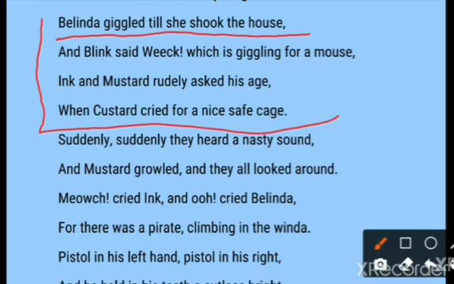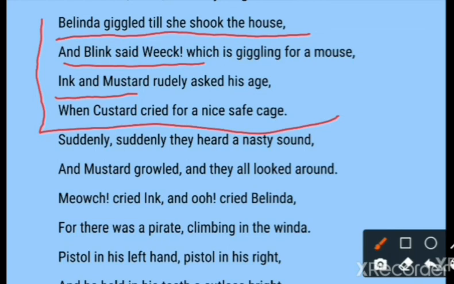So this is exaggeration. This is what hyperbole is called. And then we have "Ink and Blink, and Blink said 'weak'", which is giggling for a mouse. Ink and Mustard rudely asked for his age, when Custard cried for a nice cage.